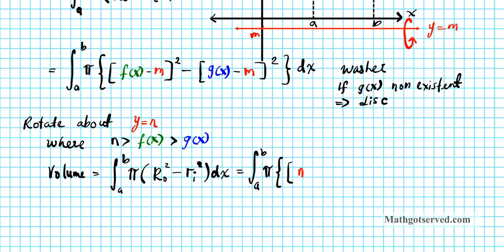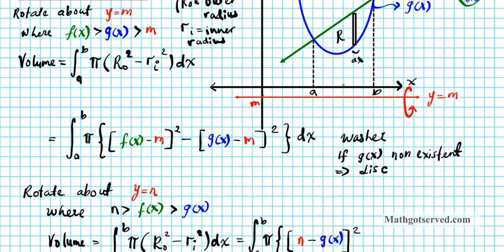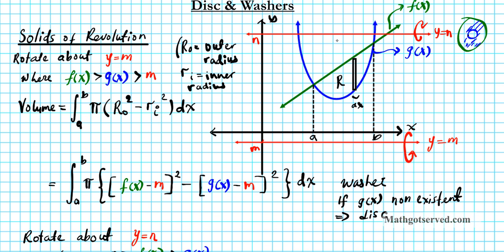All right, so what did we just create? We just found the outer radius, the distance from here to here. That length is what we just found.